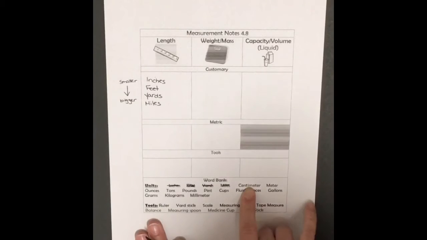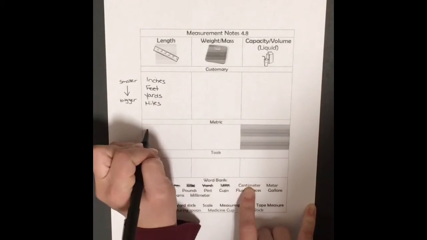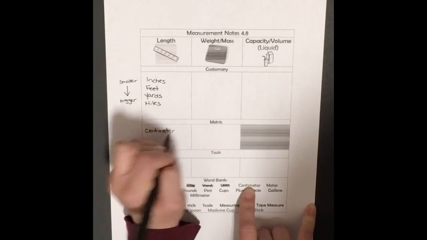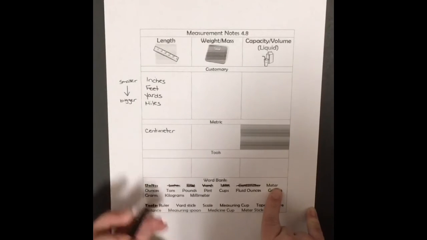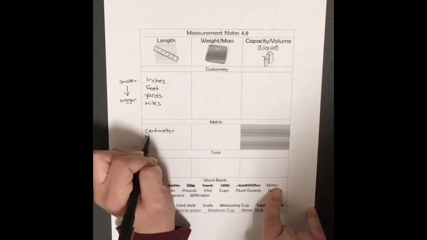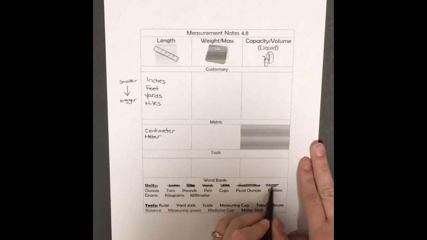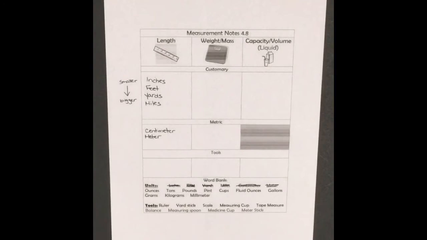Now I have centimeters. Well, centimeters is on the other side of my ruler. I know it's length, but here now we're getting to the metric system. So this is centimeters. A meter is also length of the metric system. And notice both of them have the base word meter in there. Now, here's where we come up to a discussion. Millimeter.